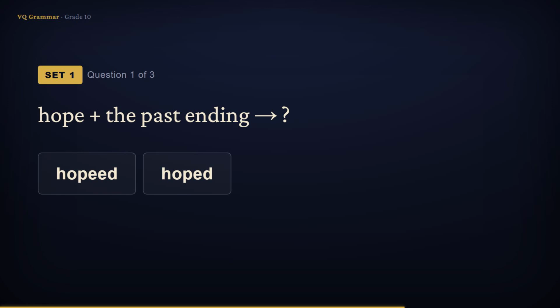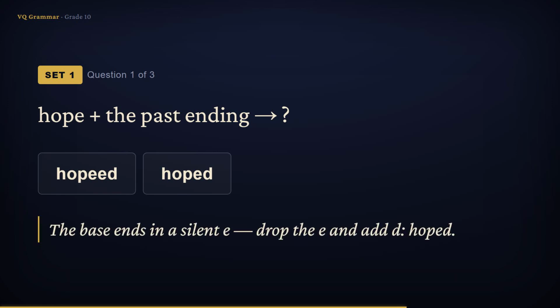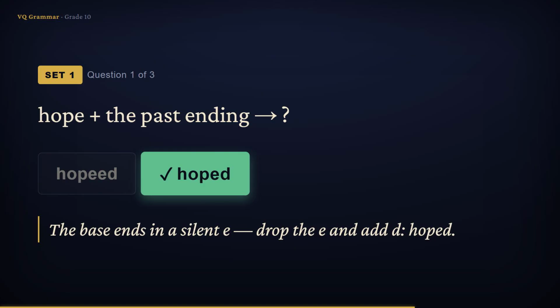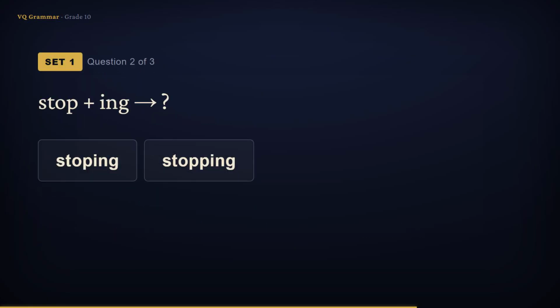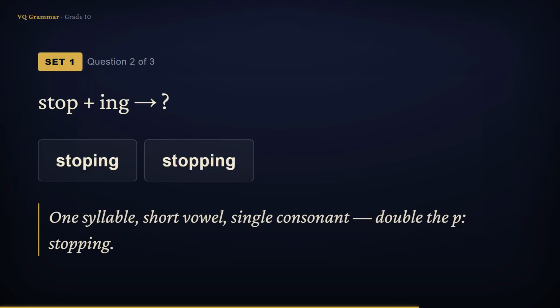Hope plus the past ending. The base hope ends in a silent E, so that E steps aside. We never pile 2 E's together. The correct spelling is hoped. Stop plus ing. Listen to it. 1 syllable, a short snappy vowel, and a single consonant at the end.